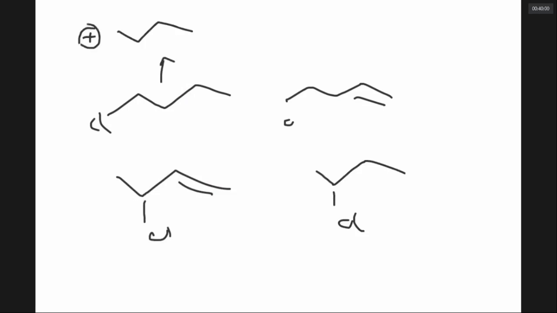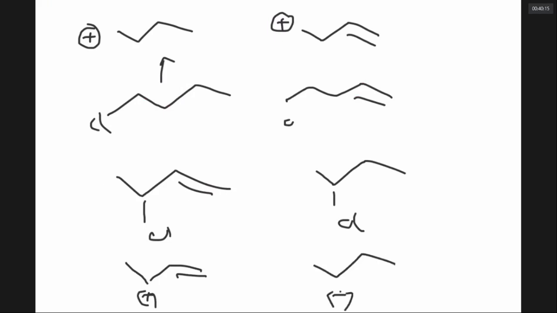Primary carbocation. The carbocation formed by this is like this. The carbocation formed by this is like this. The carbocation formed by this is like this. Now, this carbocation is secondary, primary, secondary.